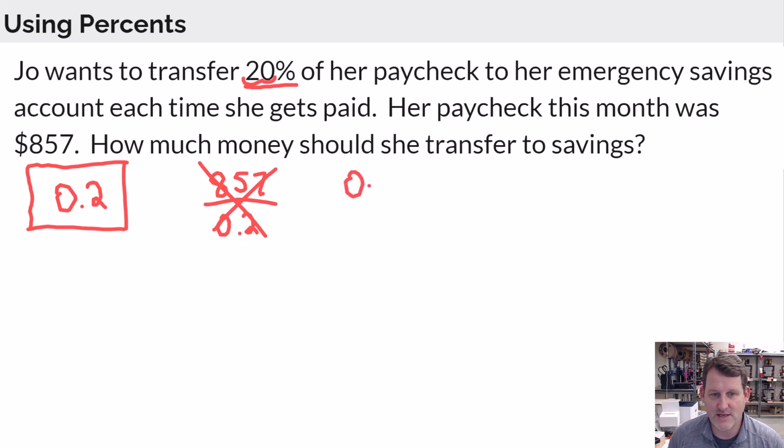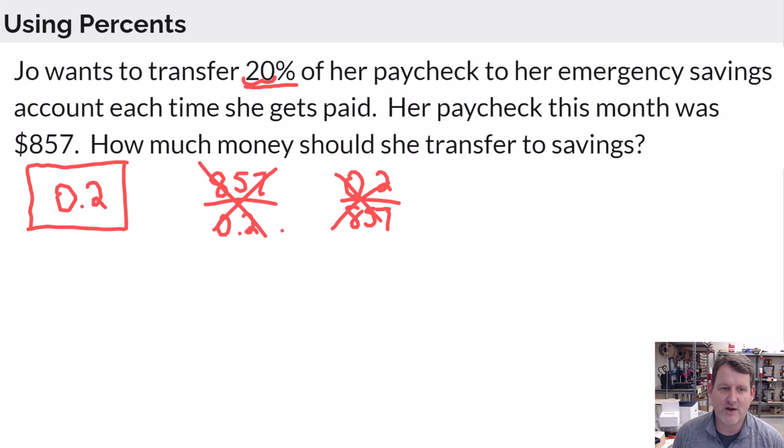Let's go 0.2 divided by 857. We're just trying stuff to see what sticks, what makes sense. So 0.2 divided by 857 equals 0.00002333. And remember, what we're trying to find here is how much money she's going to transfer, and that would be less than a penny. So that doesn't make sense. Okay, so those are out.